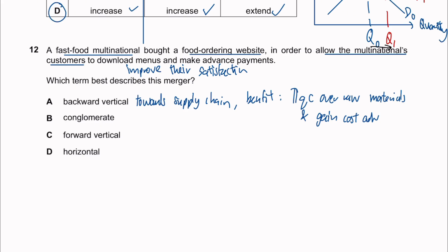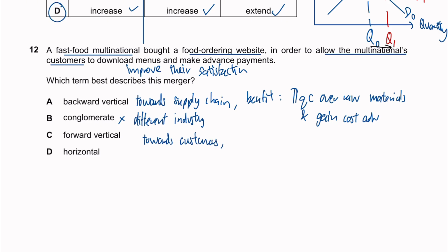Conglomerate is not the correct answer, because it's a different industry. For example, a fast food multinational buying a clothing company is a conglomerate. Forward vertical is more that you buy a company towards the customer side.